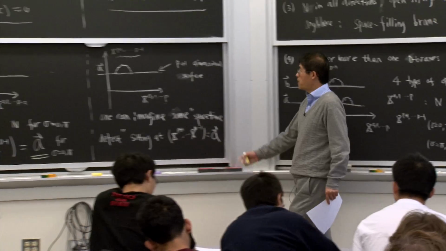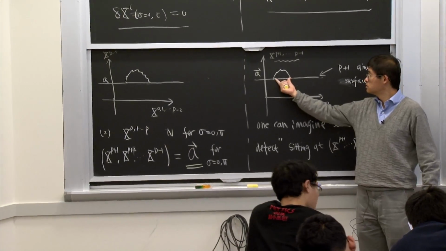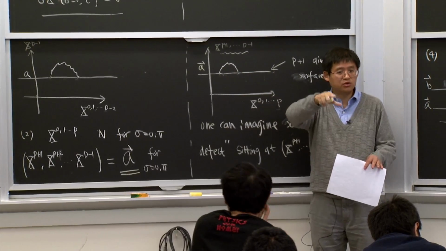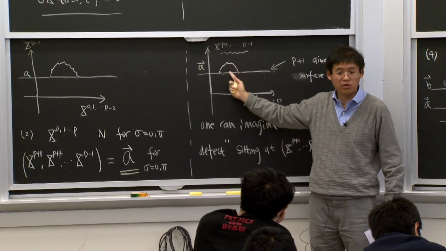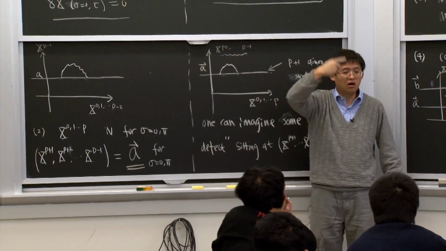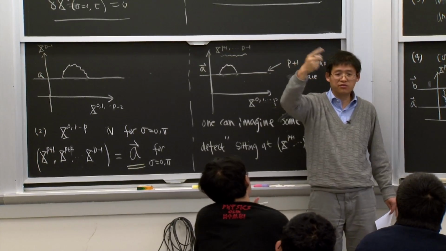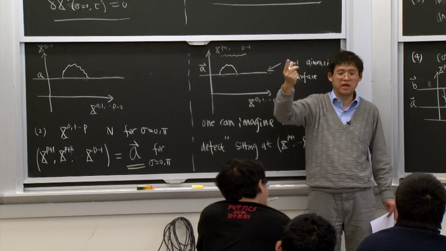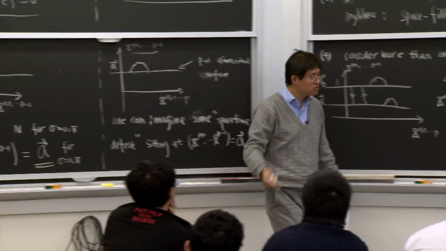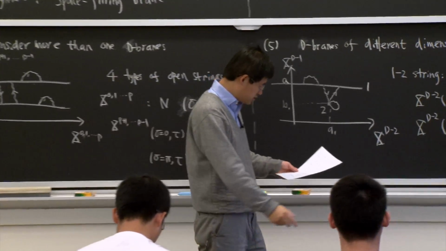Imposing such boundary conditions, essentially you only restrict the center of mass motion, so you can no longer move in the perpendicular directions. But the string can still oscillate in all 10 dimensions. There's no difference in the way the string oscillates. So everything is the same.